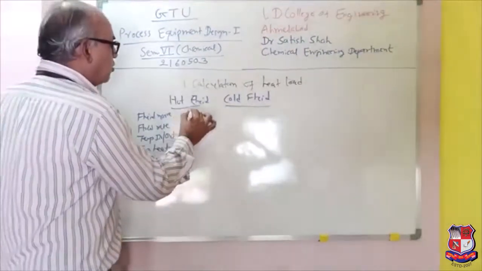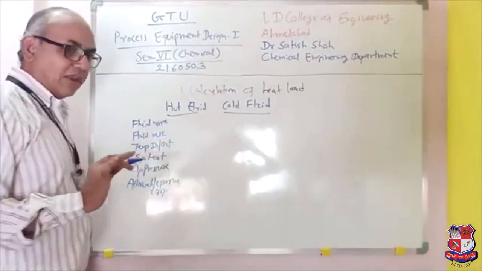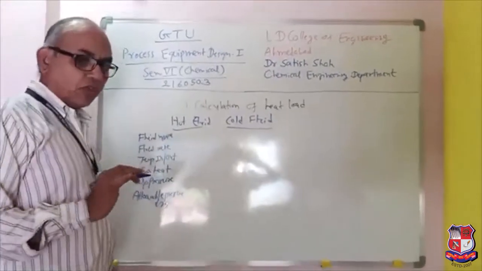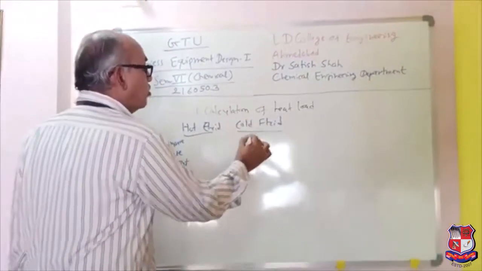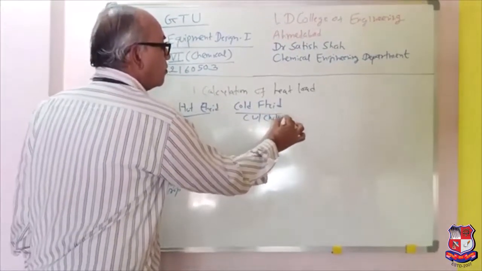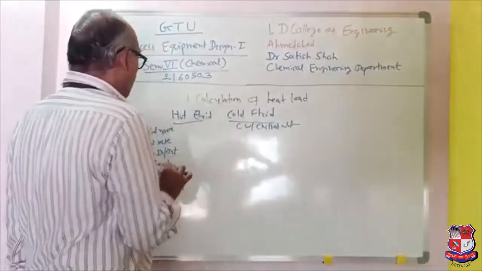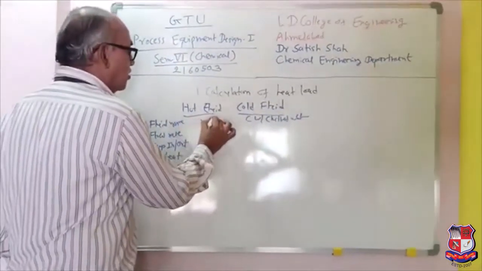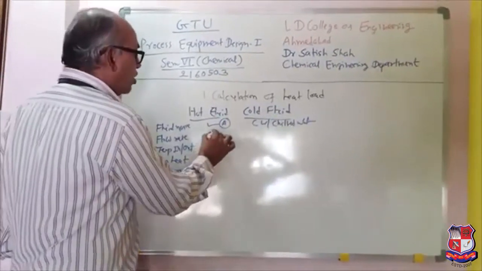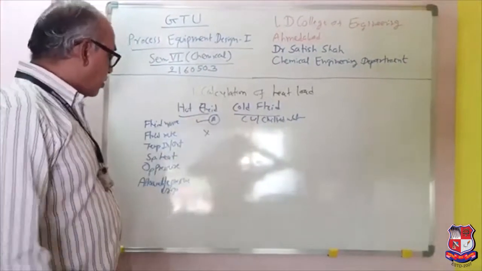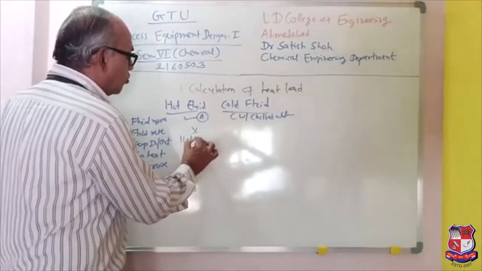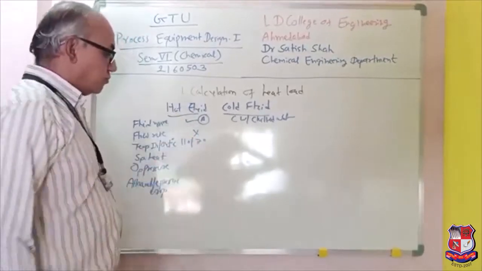So suppose I have the fluid name, that is hot and cold fluid is available to us. Suppose in my case I want to cool the process hot fluid. So my cold fluid utility will be either cooling water or it will be chilled water. So now I know the fluid is, suppose, A. That is my fluid. Let us have the flow rate of this fluid is X. I know the temperature which I want to cool from, say suppose 110 to 70 degrees Celsius.